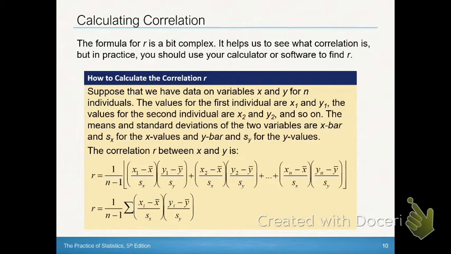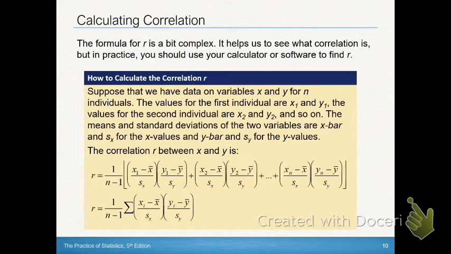Now there is a formula to calculate R, and it involves taking all of the ordered pairs and splitting them into x values and y values, then finding the mean and the standard deviation of the x's, as well as the mean and the standard deviation of the y's. Then you take each individual pair, take the x value of the pair minus the mean of the x's divided by the standard deviation of the x's, do the same thing for the y's, multiply those together, and then do that for every coordinate, and you can see this long formula here.